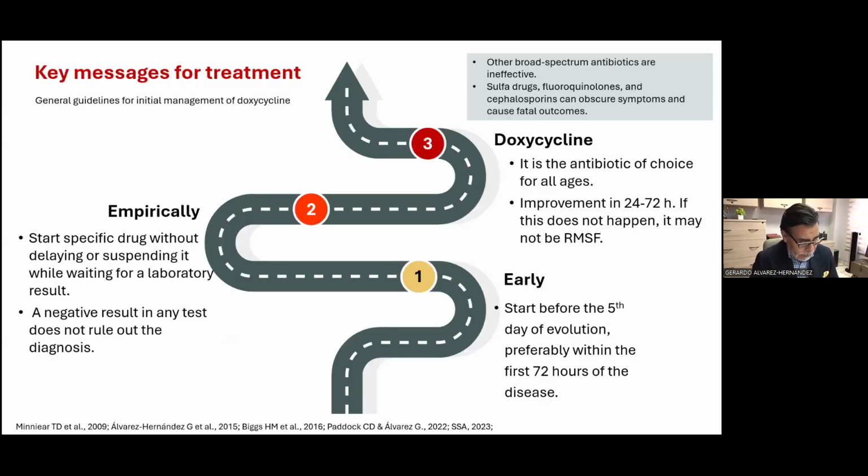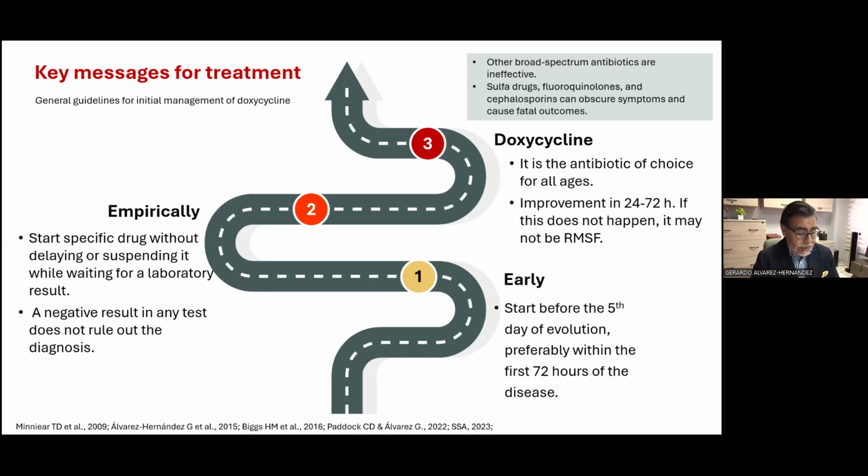So let's talk a little bit about the RMSF specific treatment. All patients with suspicion of the disease should receive a specific treatment with antibiotic. The elected drug for almost all cases is doxycycline, which is highly effective and can prevent progression of the disease to a severity and fatal outcome.